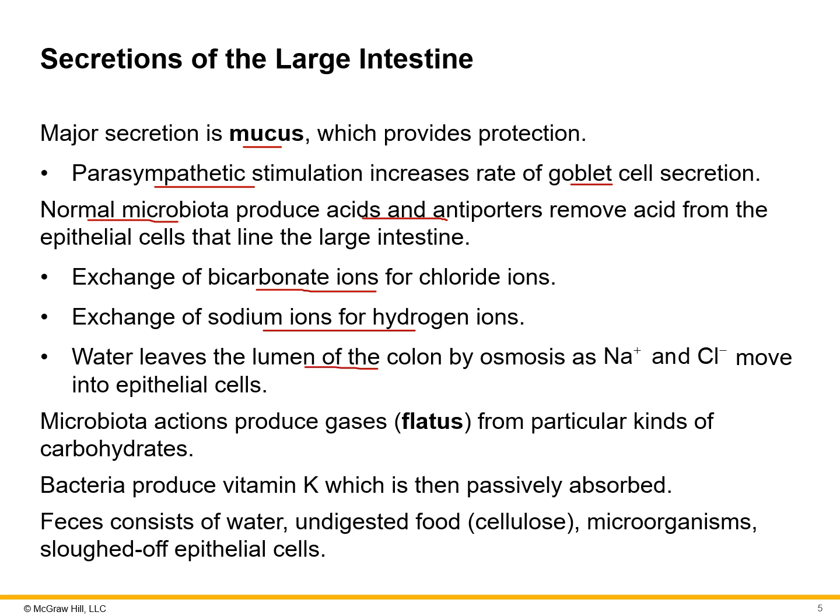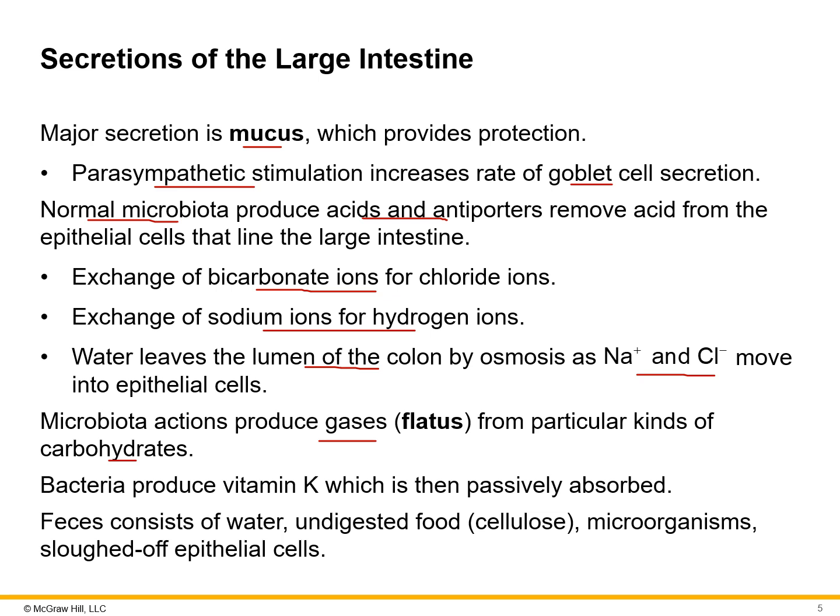And then water leaves the lumen by osmosis, the diffusion of water, which is controlled by the concentration of solutes like sodium and chloride. As they move into the epithelial cells, water goes with them, and that allows the reabsorption of water. And then the microbiota produces different gases that lead to flatulence as they break down and ferment various carbohydrates.